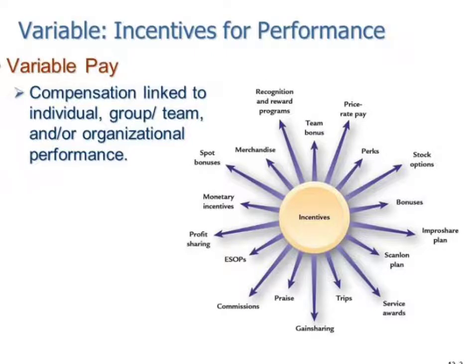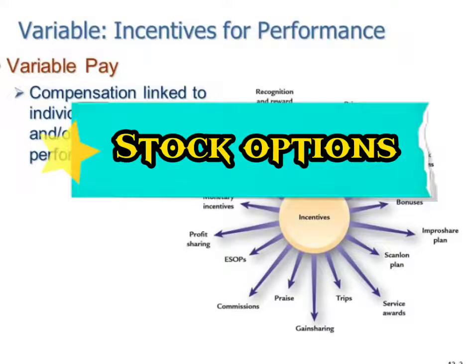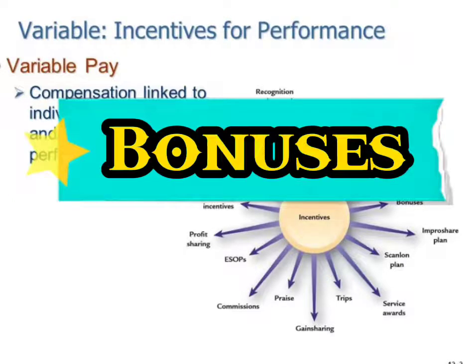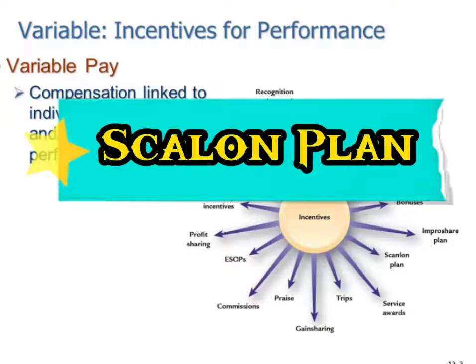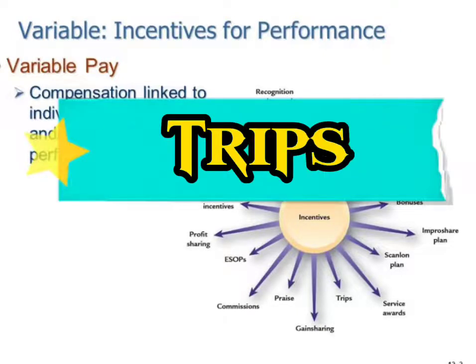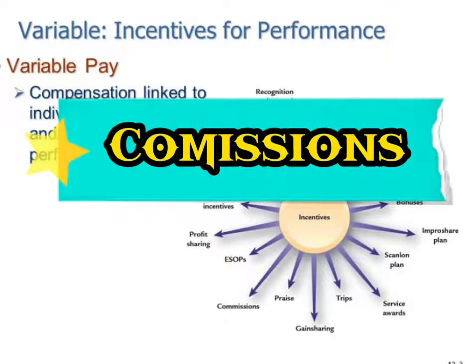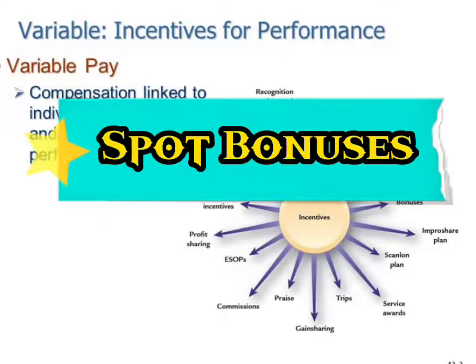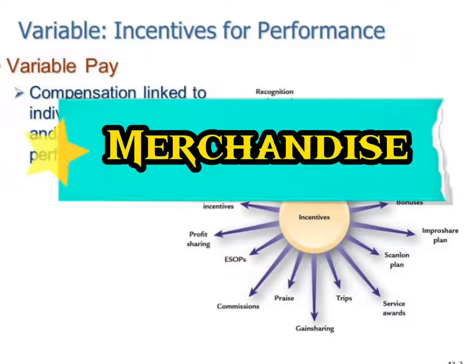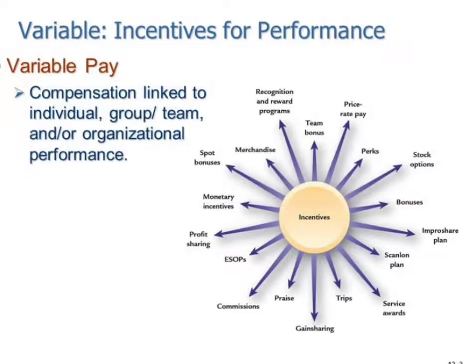We have team bonus, piece rate pay, perks, stock options, bonuses, Improshare plan, Scanlon plan, service awards, trips, gain sharing, raise, commissions, profit sharing, monetary incentives, spot bonuses, merchandise, and recognition and reward program, which is very common in the Department of Education.